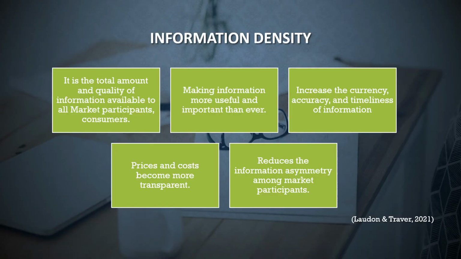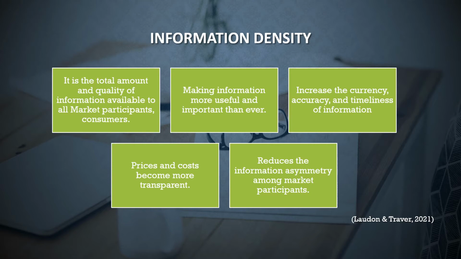And the next one is information density. It is again related to the products and the services which they are providing. With information density, it is about how much information, how dense the information is, that is provided by the e-commerce website. It helps to reduce prices and cost because it becomes more transparent. In the traditional way, the sellers used to sell anything at any price, but now these are available online.